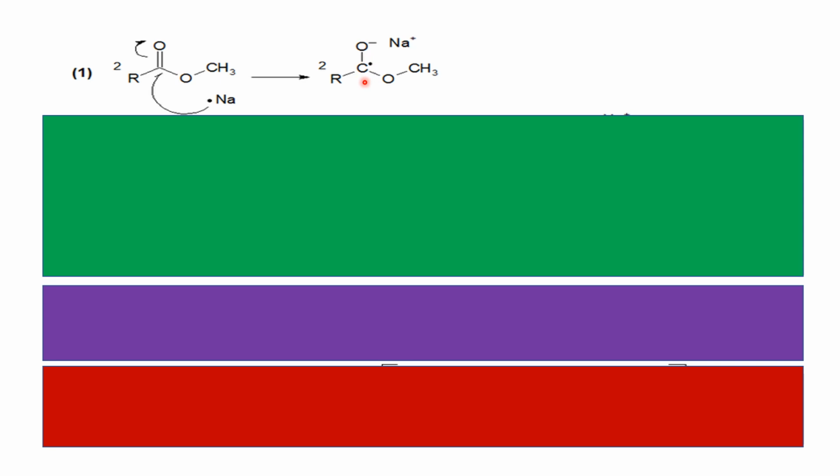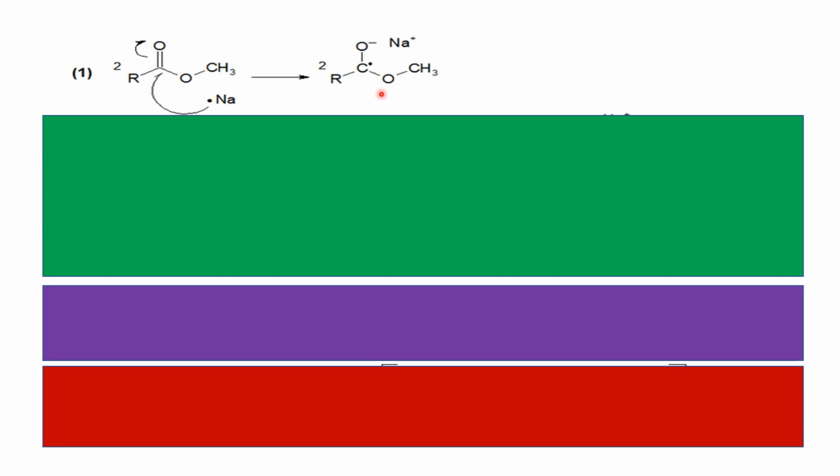Sodium has a very low ionization energy, so it is easily converted to Na plus, and the electron given by the sodium atom reaches the carbon atom, resulting in the formation of a ketyl free radical.